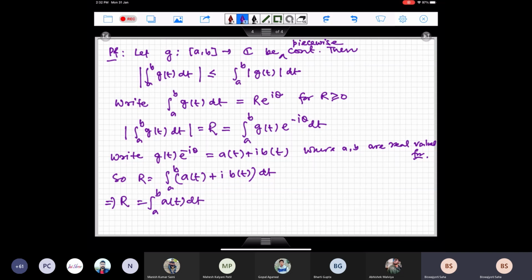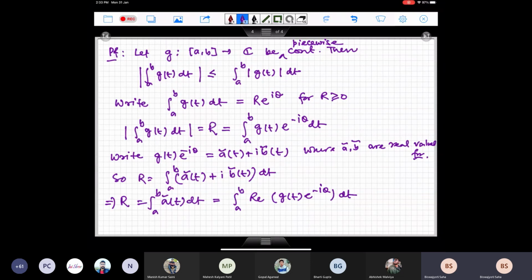So r equals the integral from a to b of a(t) dt, and maybe there are too many a and b's, but okay, so let me write a tilde, b tilde, doesn't matter. Okay, so this is what I have now. What is a? a is the real part of g(t) e^{-iθ}. So this is the integral from a to b of the real part of g(t) e^{-iθ} dt. So this is what is my a.